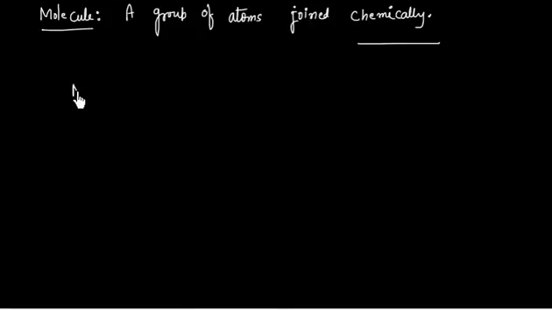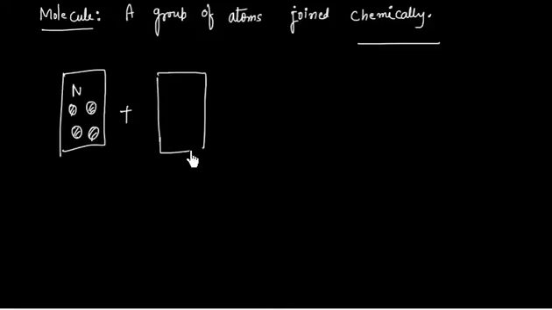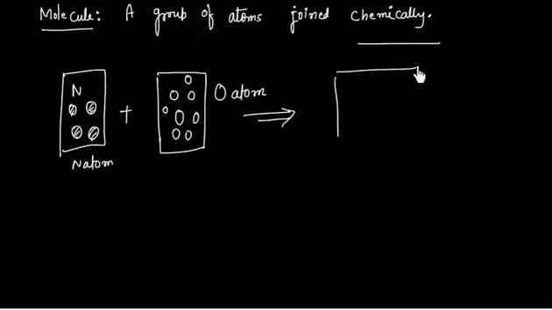Let us say I have a vessel of nitrogen, so this contains nitrogen molecules, and I have another vessel that contains oxygen atoms. If I mix these two vessels or keep them in a bigger vessel, I will have nitrogen plus oxygen, but there is no chemical action.